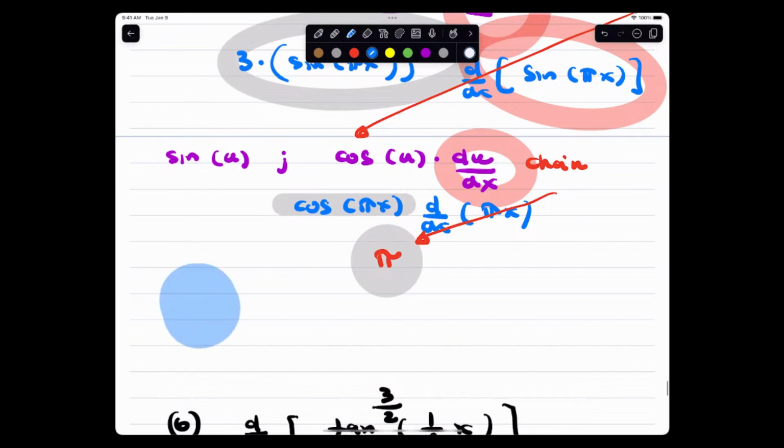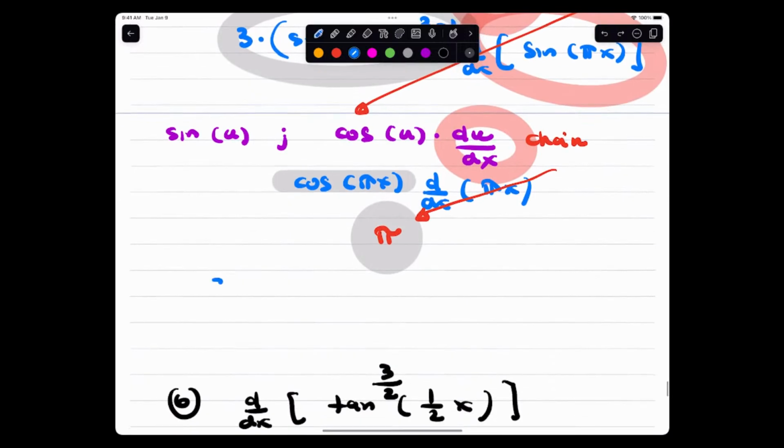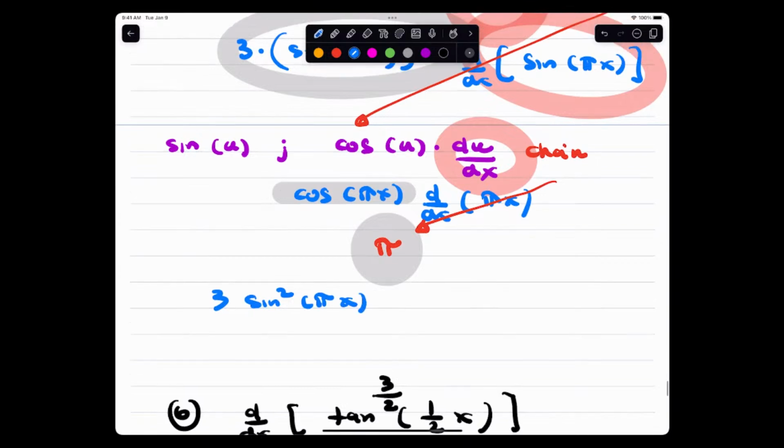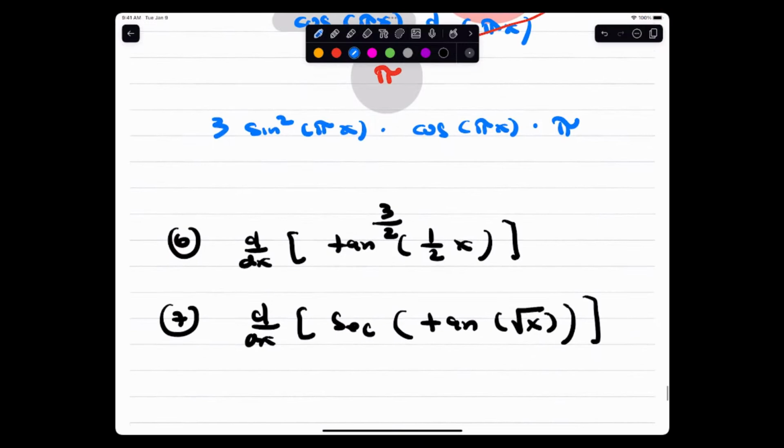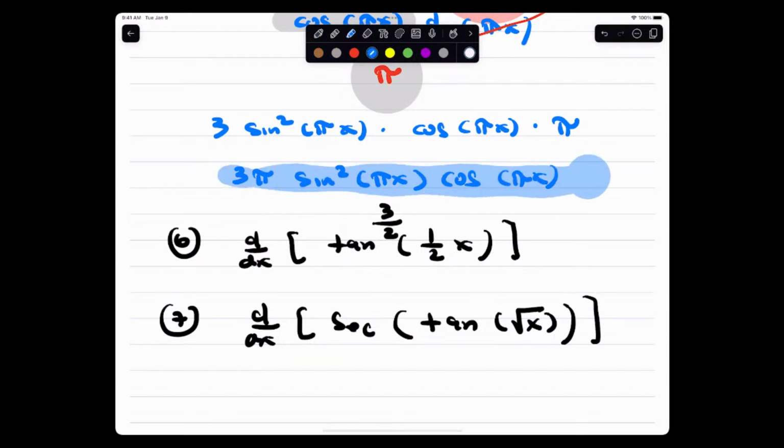So I would start off by writing things down again by saying that's 3 sine squared pi x times cosine pi x times that pi. So now you could put your constants together and say 3 pi sine squared pi x cosine pi x. There you go.